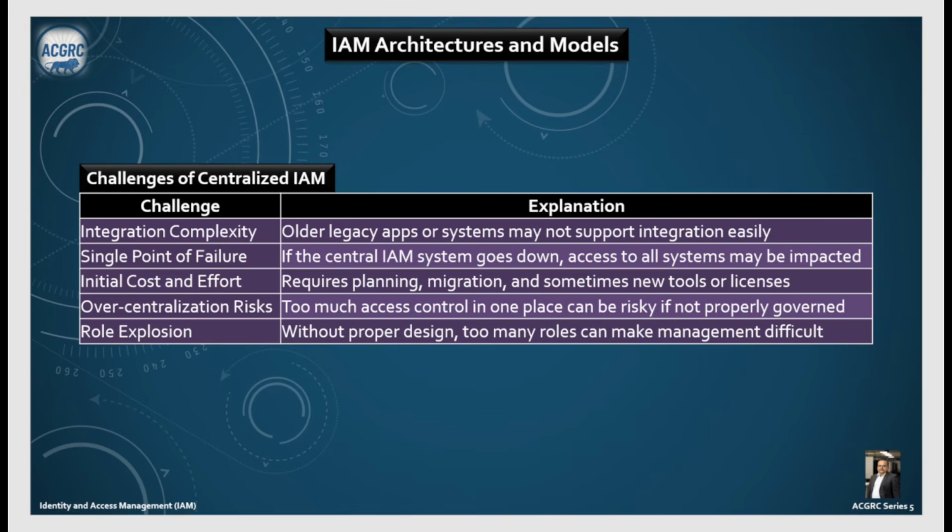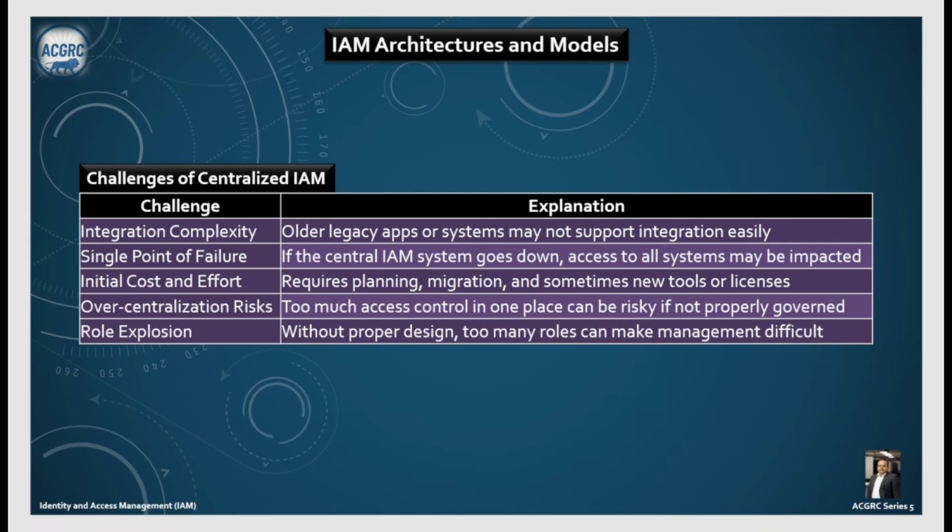Challenges? Yes, there are a few. Integration complexity, wherein older legacy apps or systems may not support the integration easily. A potential single point of failure, that is, if the central IAM system goes down, access to all systems may be impacted. The initial cost and effort are high. It requires a lot of planning, migration, and sometimes even new tools or licenses.